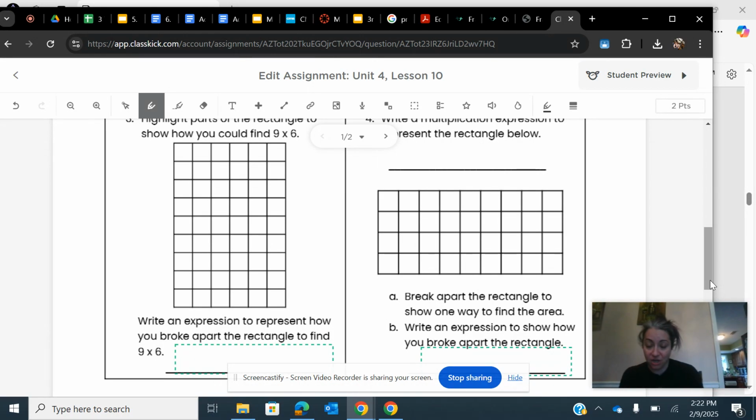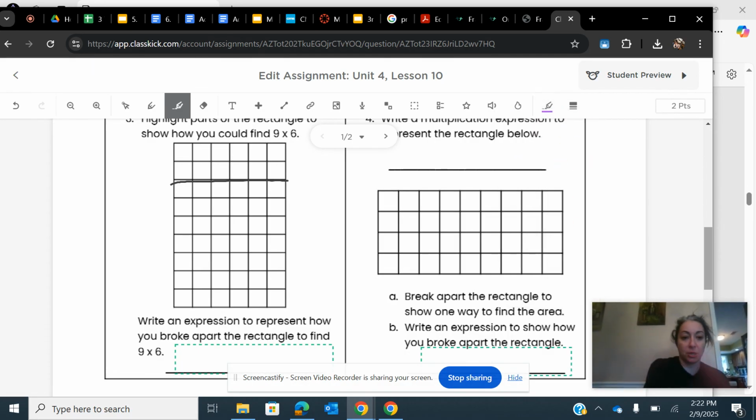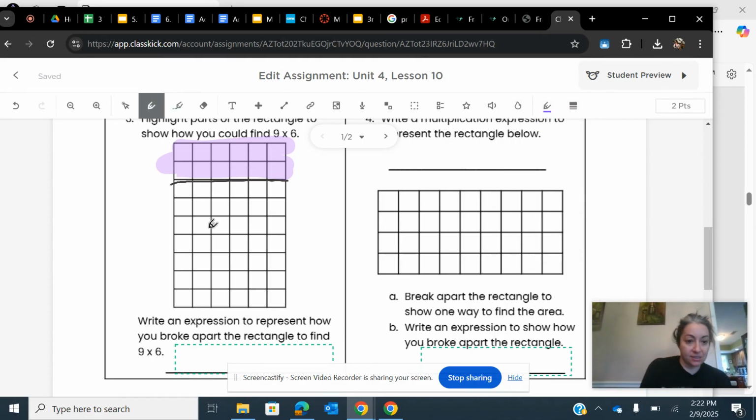Maybe I'm going to draw a line like here. That looks good. If I draw a line here, I'd want to label this one. Let's do purple. I'll also use purple to write it. This one is going to be 2, and you don't have to do it like this. I'm just giving you the option.